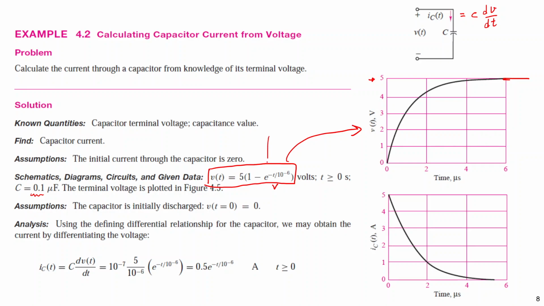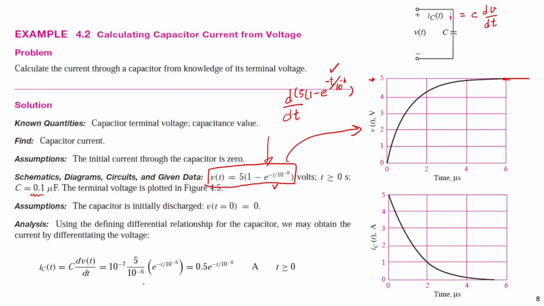And what is the derivative of this function, d/dt of 5(1 - e^(-t/10^-6))? You can differentiate the exponential in t.